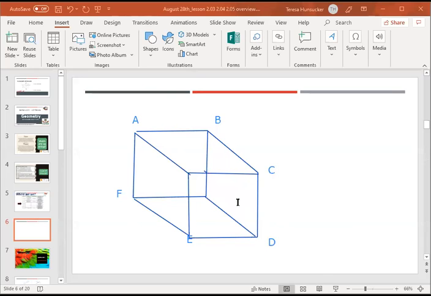All right, A, B, C, D, E, F, G. All right, everyone, what I want to talk about is skew versus parallel, okay?